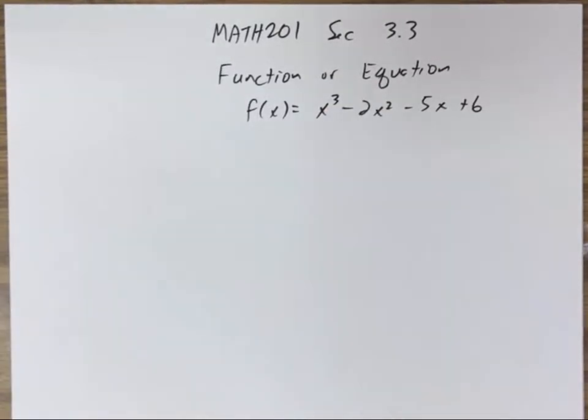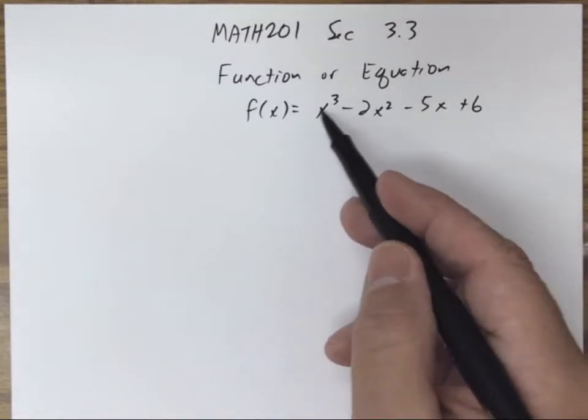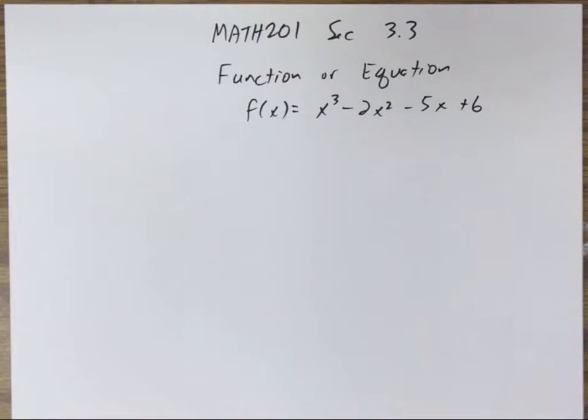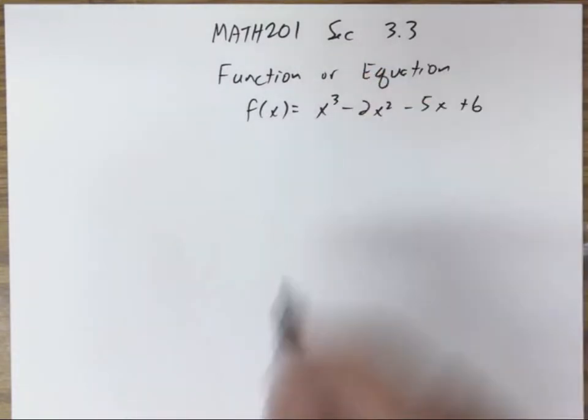And then there's going to be a second one. But this is a function, although it's also an equation. What we're going to do is take a deep dive into this equation and try and learn all the stuff we can about this equation.